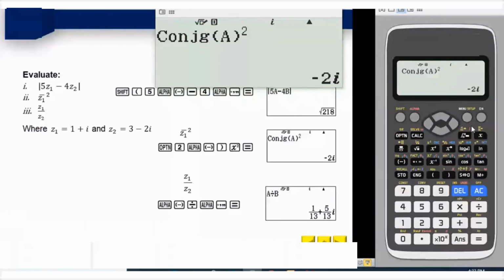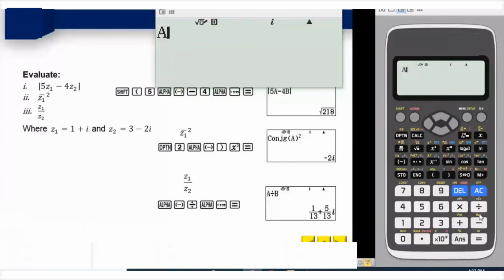So please be very vigilant with what you are performing. Then part 3 is Z1 upon Z2. Z1 upon Z2 is complex number Z1 divided by complex number Z2. For our calculator, it is A divided by B. So all I will do is press alpha A divided by alpha B.